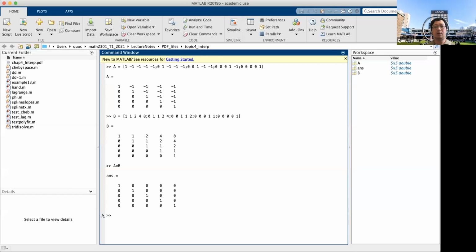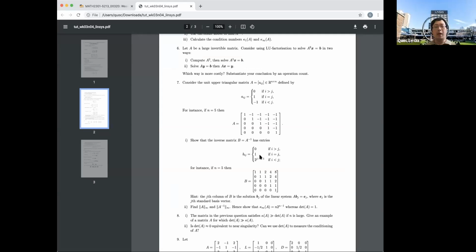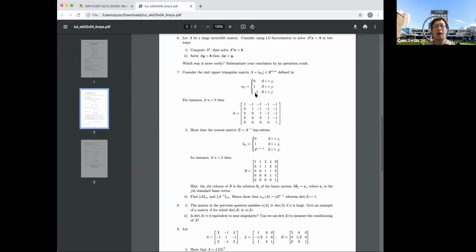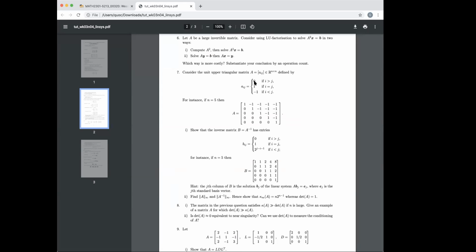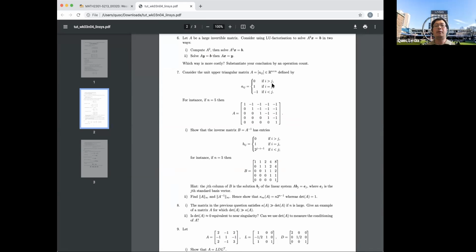This is the general construction. Suppose you have an n by n matrix, then A is given by this definition. If the row is bigger than the column, then it's equal to 0. On the diagonal, it's just 1. Then if the row is less than the column, it's minus 1. So you can construct the whole matrix.